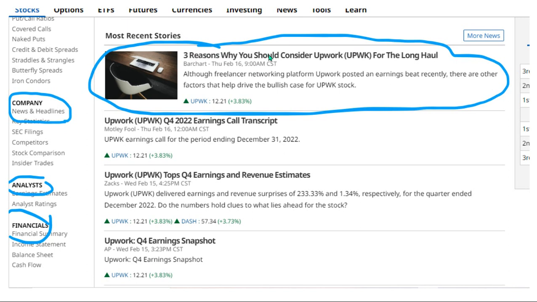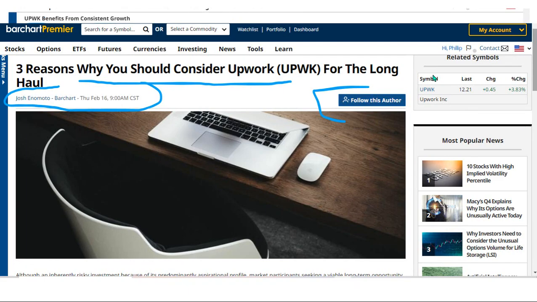Three reasons why you should consider Upwork for the long haul, right? Although freelancer networking platform Upwork posted an earnings beat recently, there are other factors that help drive the bullish case for Upwork stock. So they're basically promoting that you should consider Upwork as a purchase. Again, here's the title.